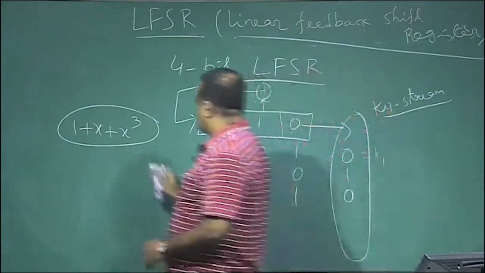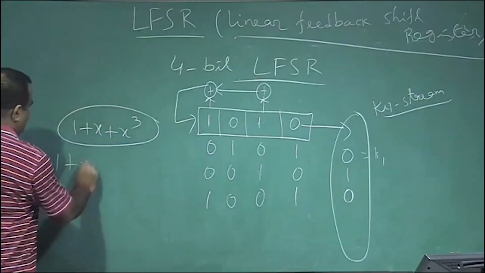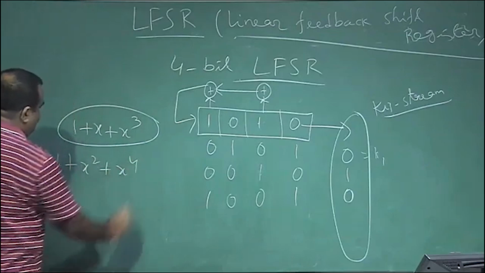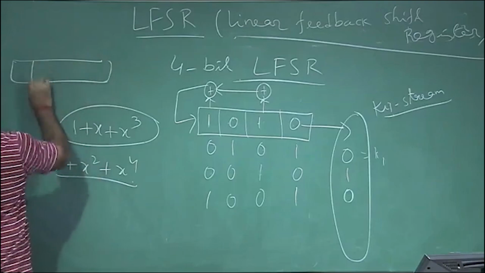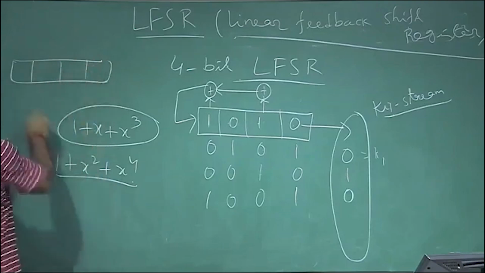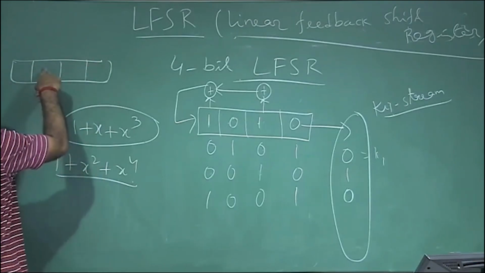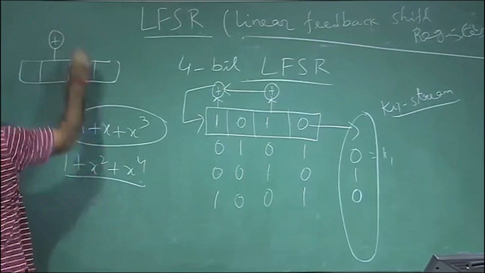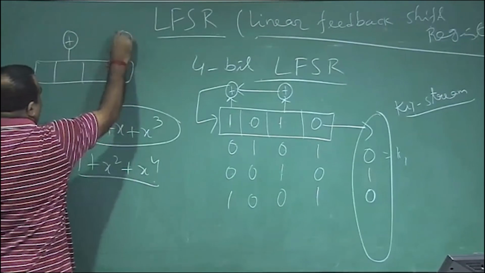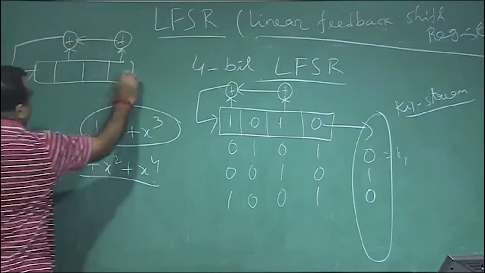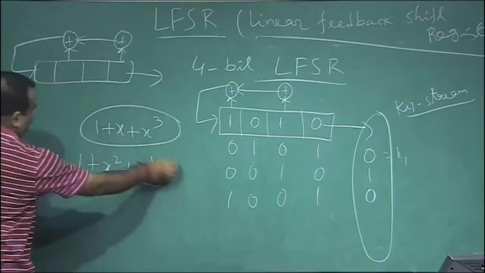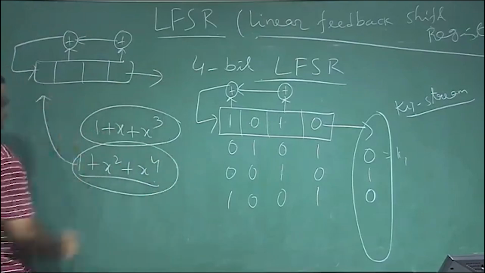Okay. Now, if we have a polynomial like this, 1 plus x square plus x to the power 4, then what is the LFSR corresponding to this? Then we have, so this is basically x square position, so we have a feedback over here, and then for x to the power 4 we have a feedback over here. So, this is the LFSR corresponding to this polynomial.